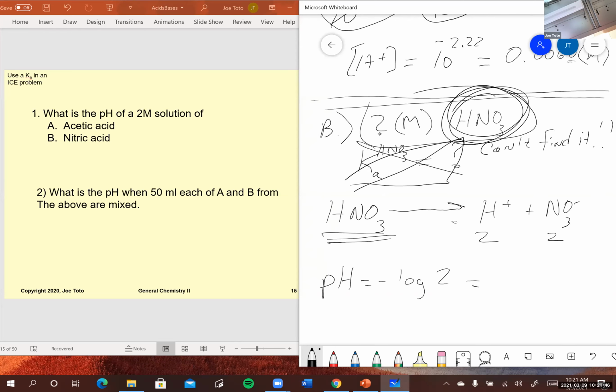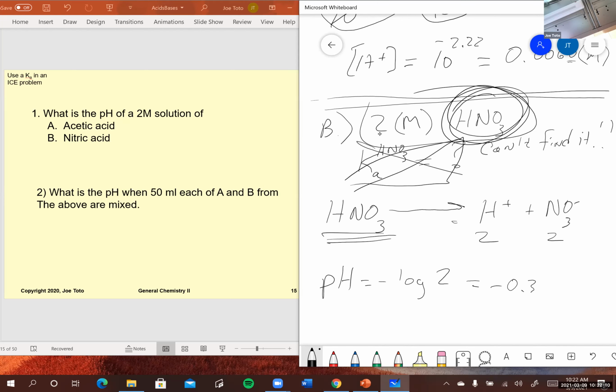So I think that's even negative. I'm not sure. Let's see, 2, log, yeah, it's minus 0.3. And that's all I could write because that's one significant figure in 2 molar.